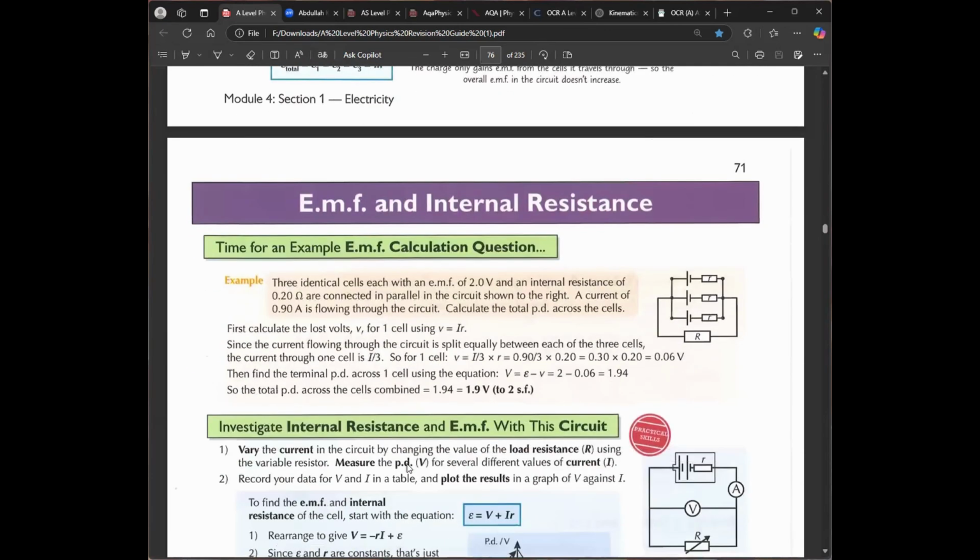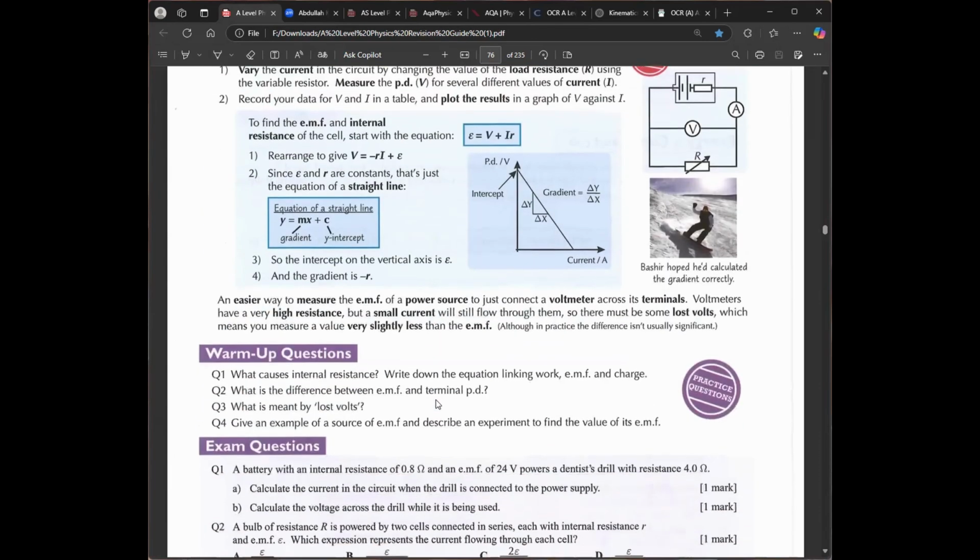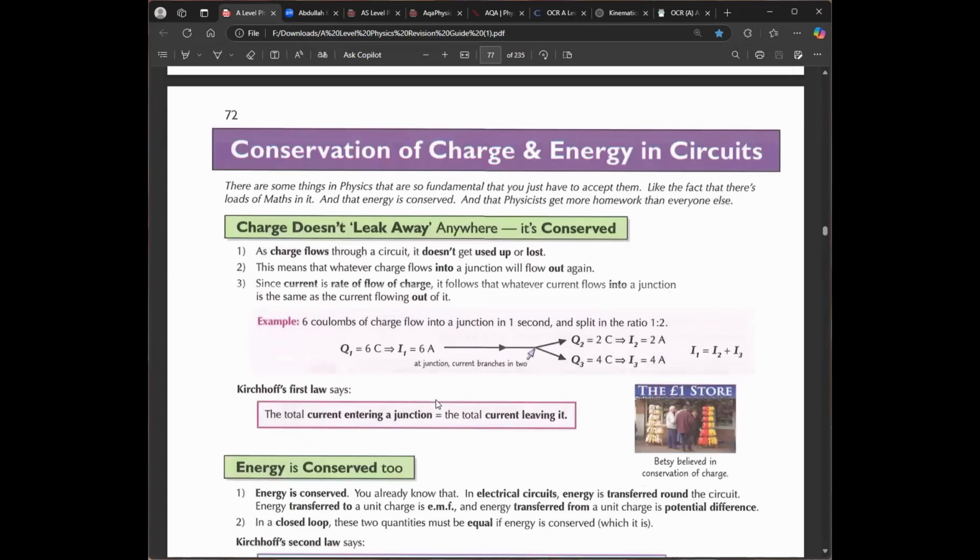So yeah. EMF calculation questions. We'll just go through the questions later. As long as we understand the theory, we'll go through them in the coming days. Investigate internal resistance and EMF. We have already talked about these questions. I'm just going to skip it for now. There's nothing as important here.